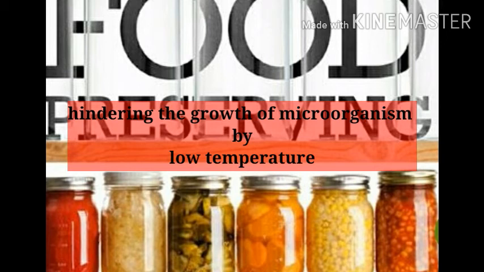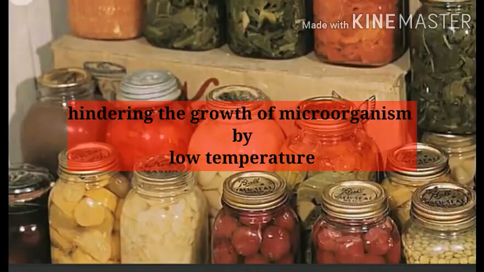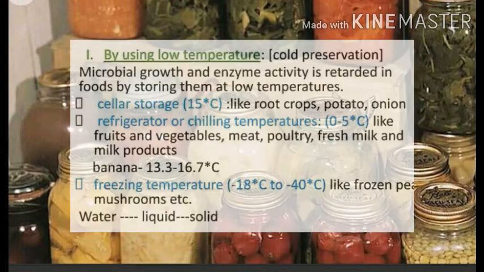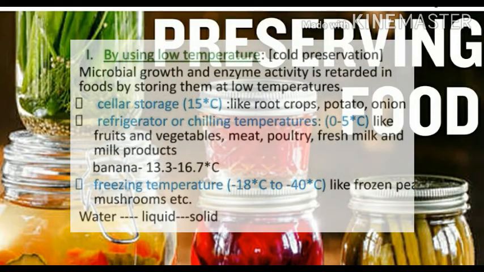That is cellar storage, that is 50 degrees Celsius, for root crops like potato and onion, and refrigerator for chilling temperature, that is 0 to 5 degrees Celsius, for fruits and vegetables, meat, poultry, fresh milk and milk products. All can be preserved like this. You can keep it at low temperature between 0 to 5 degrees Celsius.